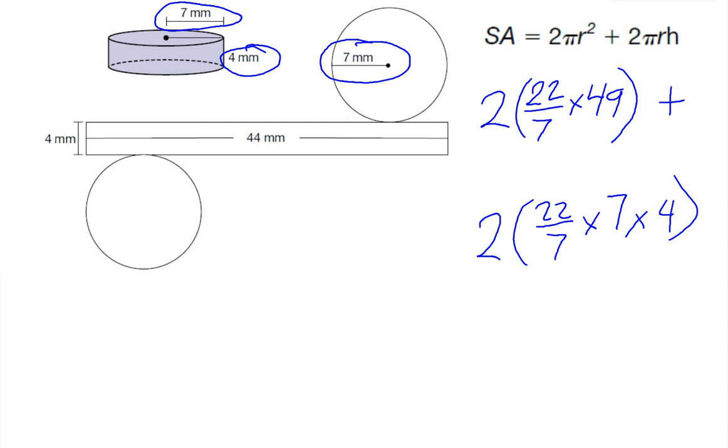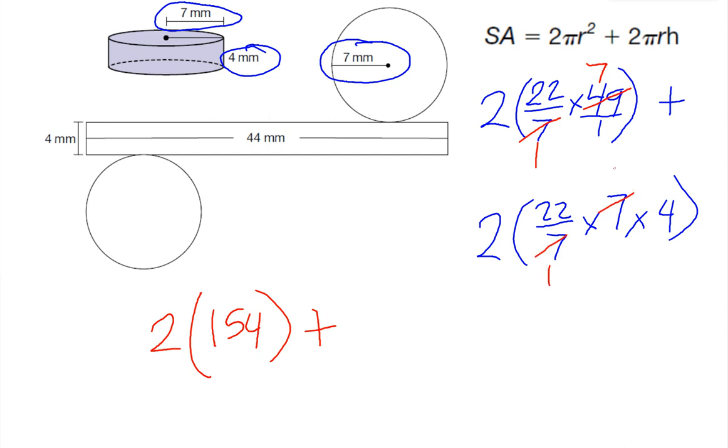So let's finish this out. We can cancel 49 and 7. 7 becomes a 1, 49 becomes a 7. So we end up with 22 times 7, so up here we will have 2 times 154, plus the second one. We can cancel these 7s.